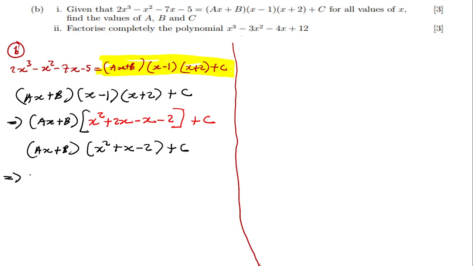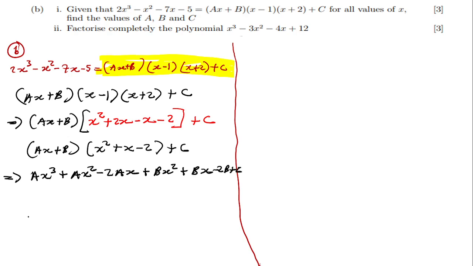And then ax times x is going to be plus ax squared, and then ax times negative 2, it's going to be negative 2ax. Then I will do b times x squared, it is positive bx squared. Then b times x, it is bx. Then b times negative 2, it's negative 2b, and then plus c.